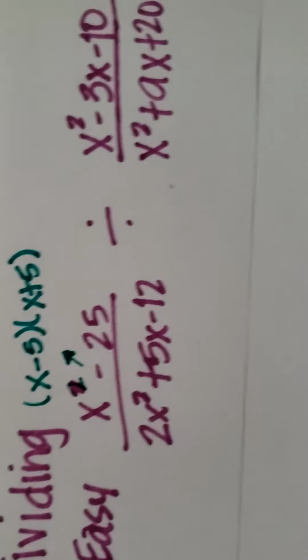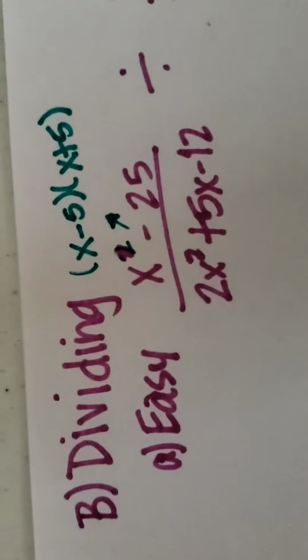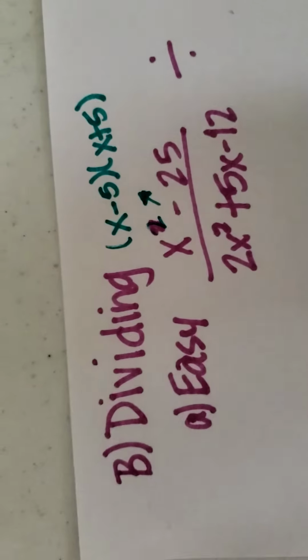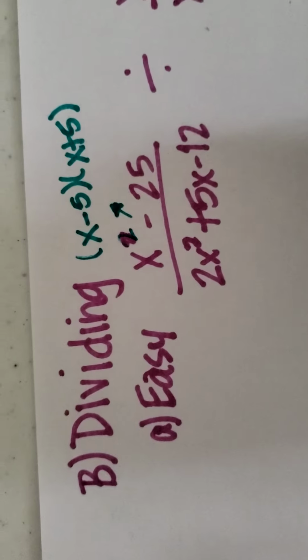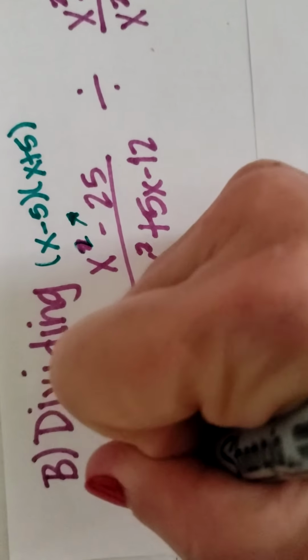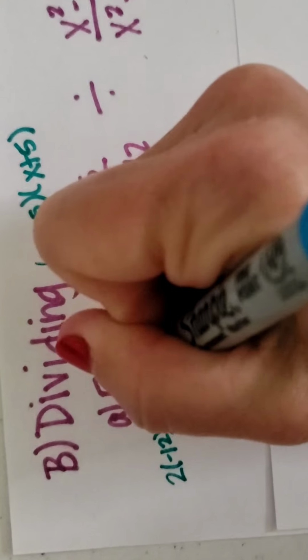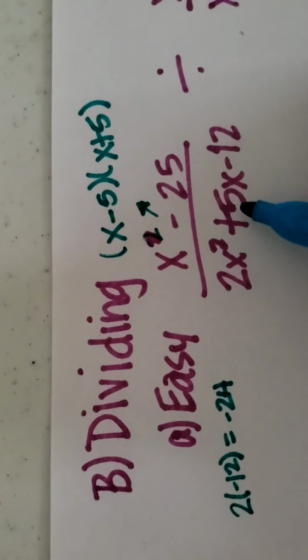All right, here in our denominator, we're going to have to do a little bit of that factoring when a does not equal 1 and there is no GCF, because 2, 5, negative 12 don't have a common factor. So let's take a look. We've got 2 and negative 12. That gives us negative 24. So factors of negative 24 that would give us a positive 5.